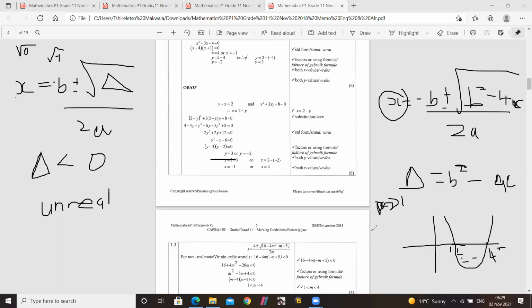So the answer: m must be greater than 1 and m must be less than 4. You can write it that way or you can write it this way. Still the same thing. This one means that m is greater than 1 and less than 4.